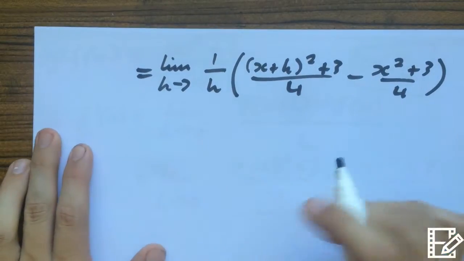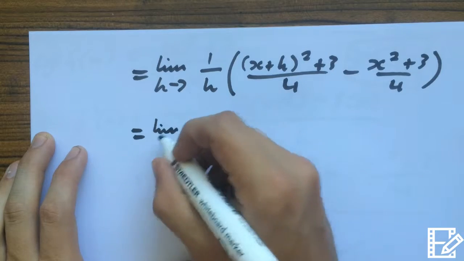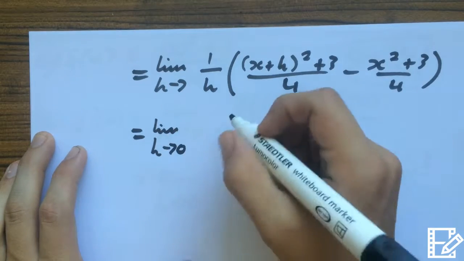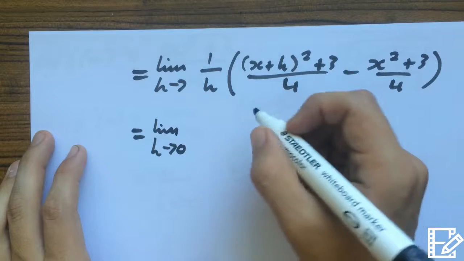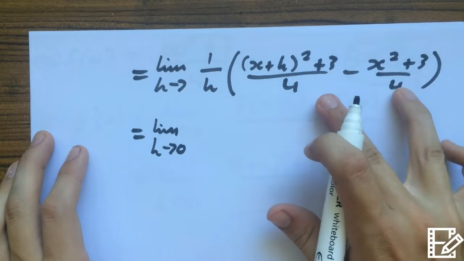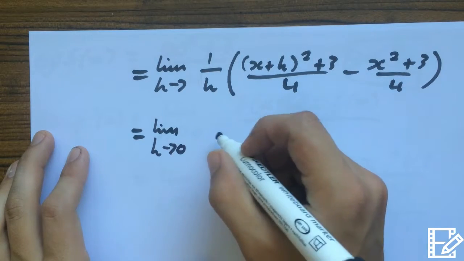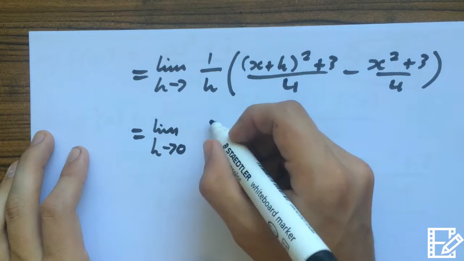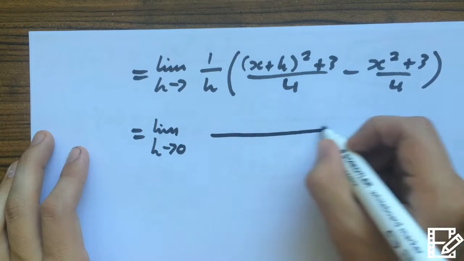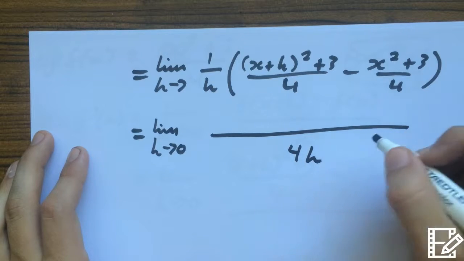Therefore, we rewrite the limit as h approaches 0. We would just multiply h onto the bottom of each fraction, onto the 4's. And we'd end up with it all joined in 4h.